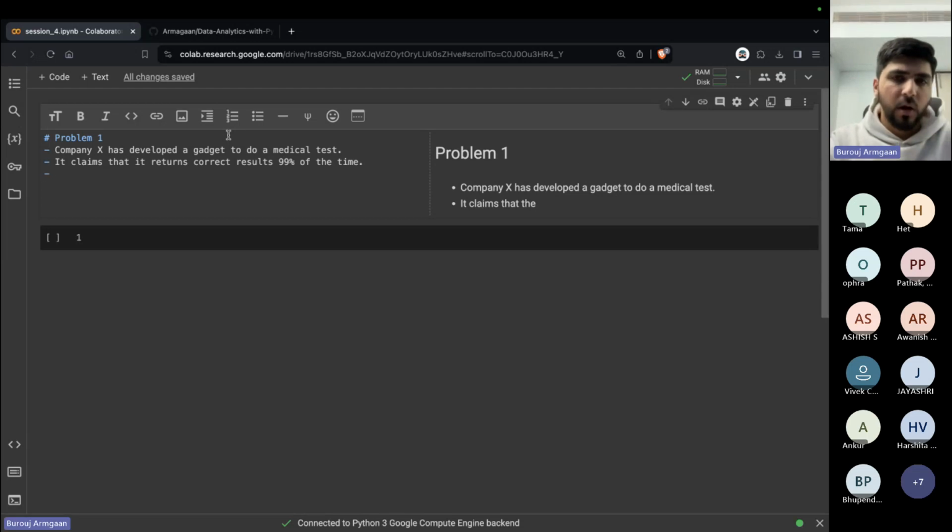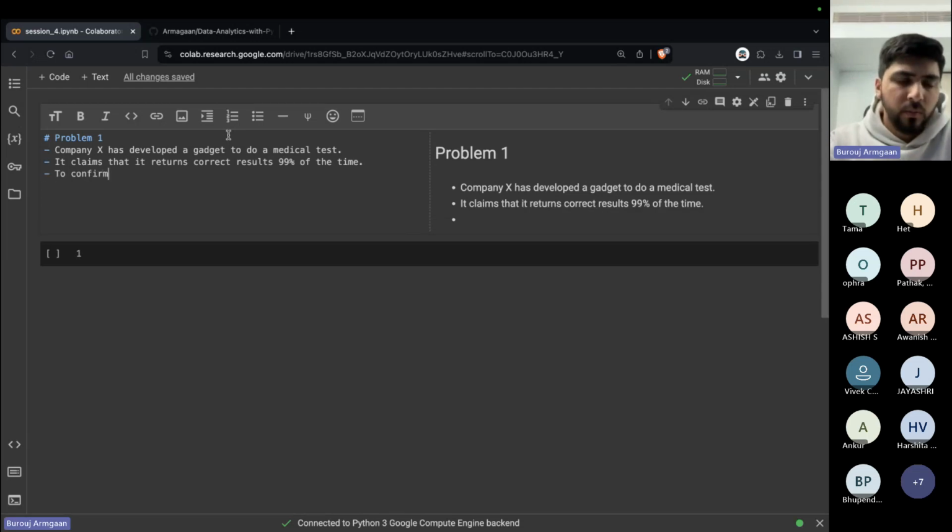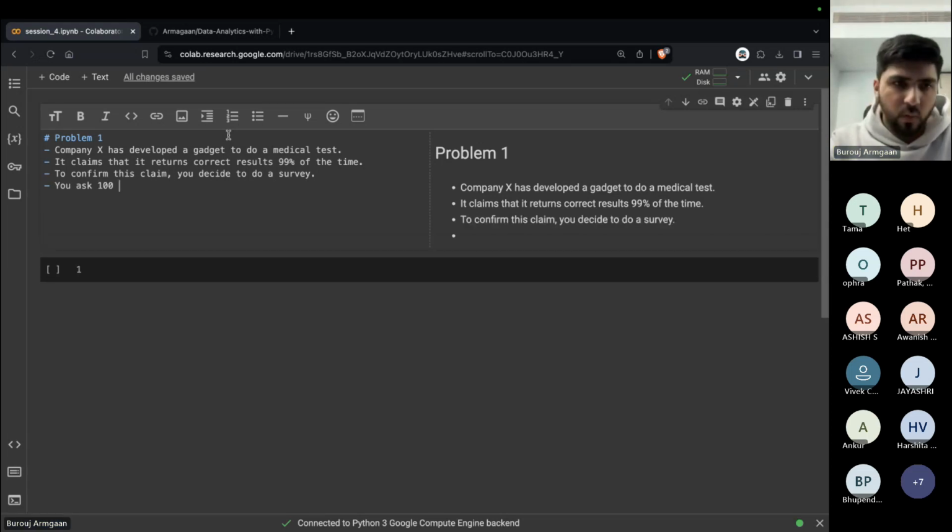Now, to confirm this claim, you decide to do a survey. So you ask 100 people to take a test with a doctor and with the gadget. You have this data in a CSV.